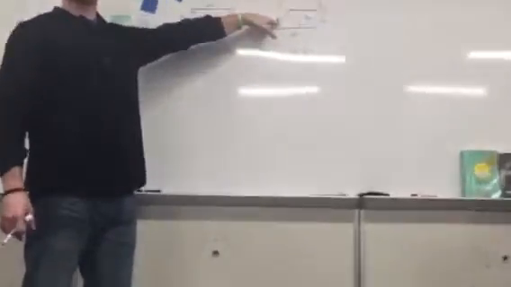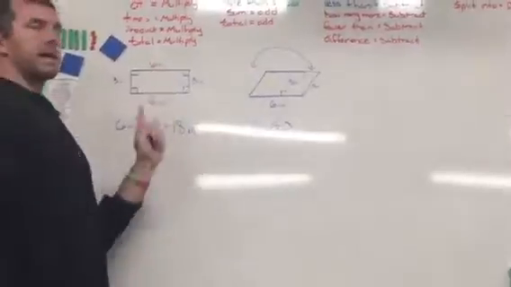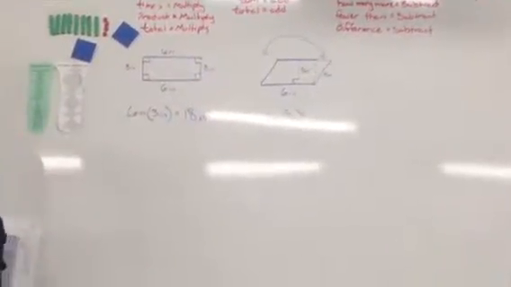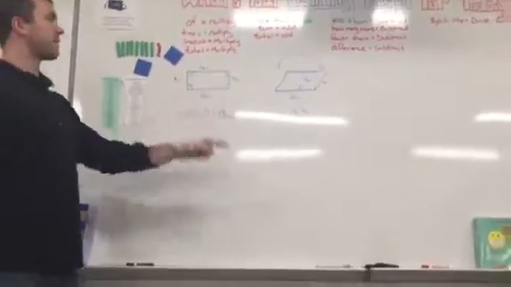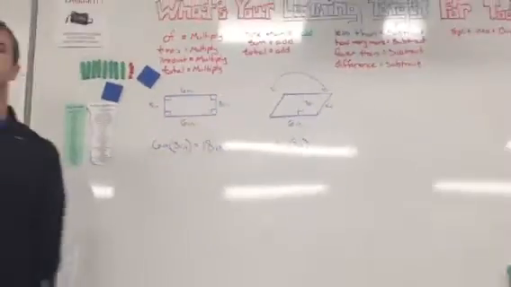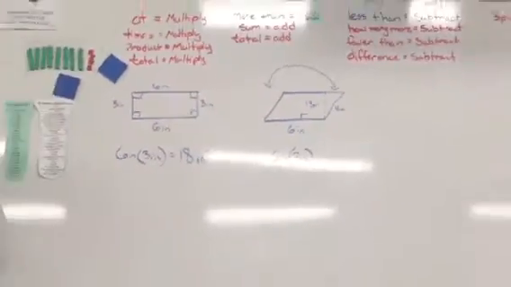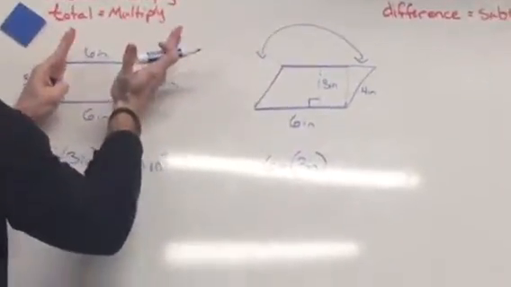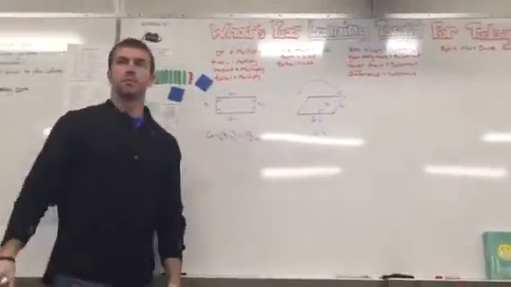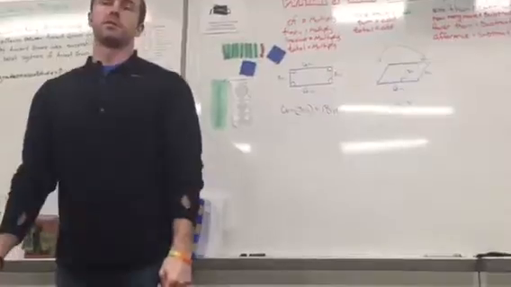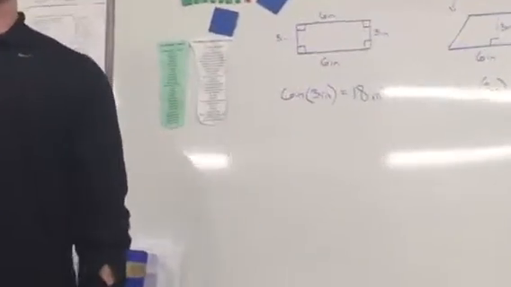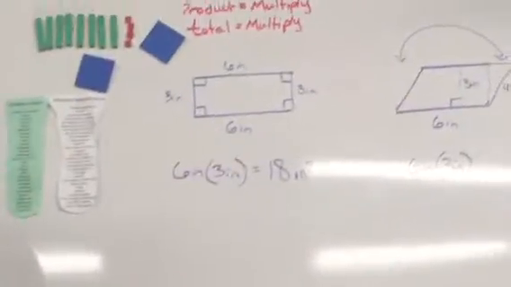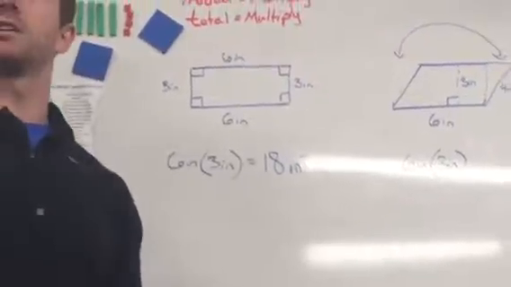Now let's talk about what's the main difference between a parallelogram and a rectangle. What does a rectangle have that a parallelogram does not have? 4 right angles. That's the only difference. So you take this rectangle and you take these walls and shift it over like that. What did it now become? A parallelogram. Why do you think it's called parallelogram?